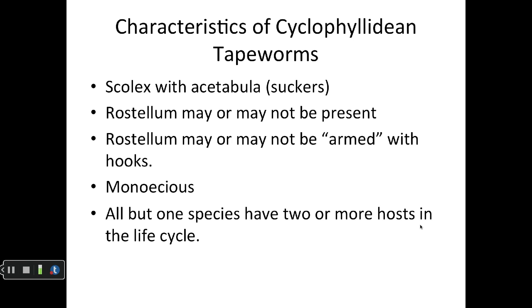So the members of this group have some shared characteristics. The first is a scolex with acetabula. Again, the term acetabula refers to the suckers that are associated with the scolex.